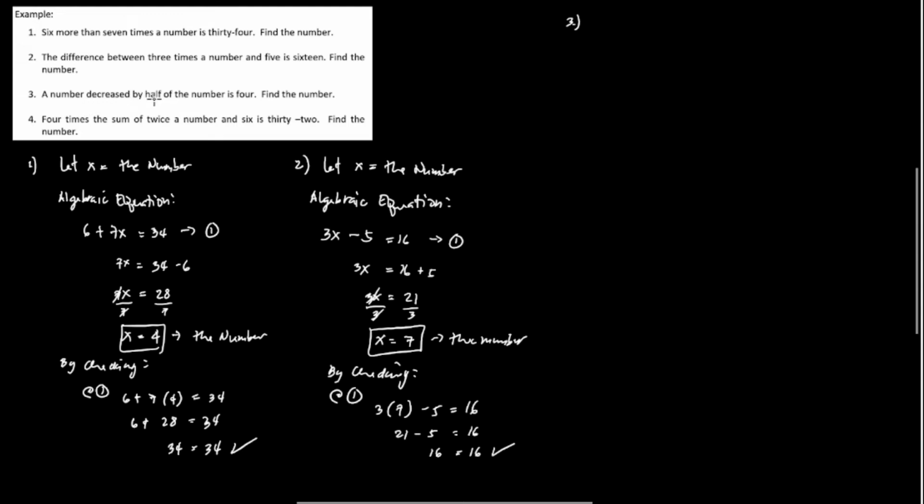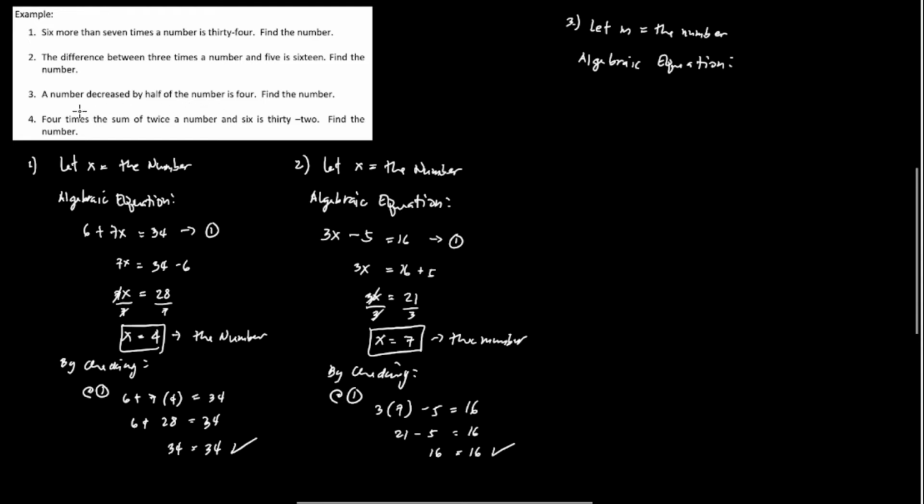A number decreased by half of the number is 4. Find the number. Let m be the number. For the algebraic equation, based on the given sentence: a number decreased, which is subtraction, by 1/2 of the number.